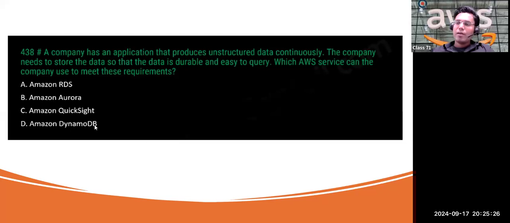Okay, yeah, D. Why? Because Aurora and RDS both work on structured data like tables. RDS works only on tables, and tables data is what's called structured data. And DynamoDB is a NoSQL database, and when they are talking about unstructured data continuously, this is very durable and easy to query, but this is NoSQL. Just remember one thing, NoSQL, and this is RDS.